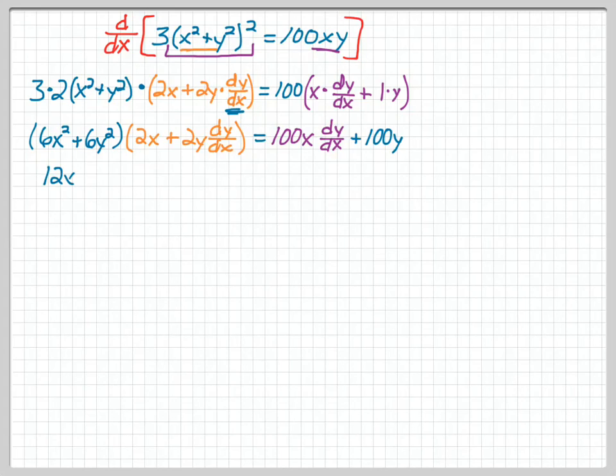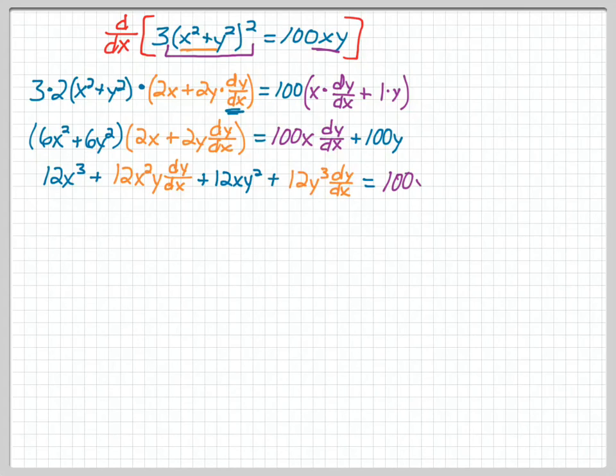We're just distributing this whole side: 12x cubed, then 6x squared times 2y gives 12x squared y dy/dx. Then we distribute the 6y squared, and we get 12xy squared and 12y cubed dy/dx. On the other side of the equation we have 100x dy/dx plus 100y.